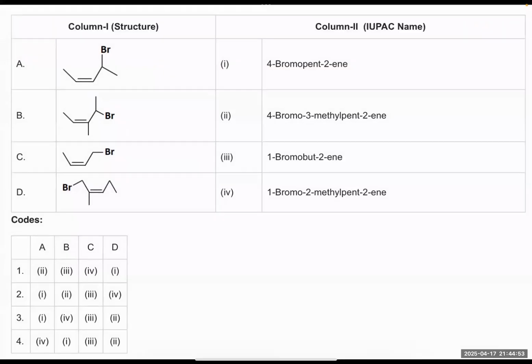Just the IUPAC name. I gave a similar question in your assignment also. All of the students get confused in just one thing and they keep on asking. You can write that one thing. Multiple bond is given more priority in numbering.